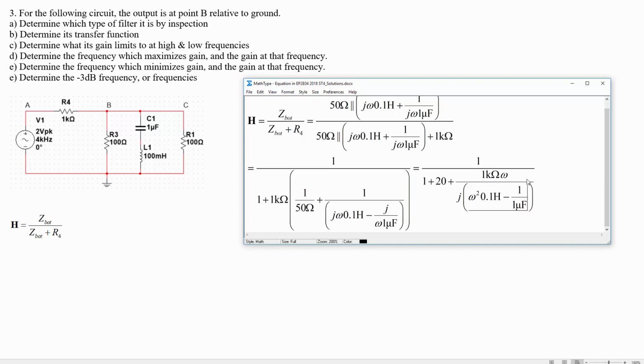And then the 1 over 1 microfarad is going to be 1e6. And let's check. So this is rads per second multiplied by henries. Then we've got farads, which should end up being the same units, but without the rad per second showing up there.